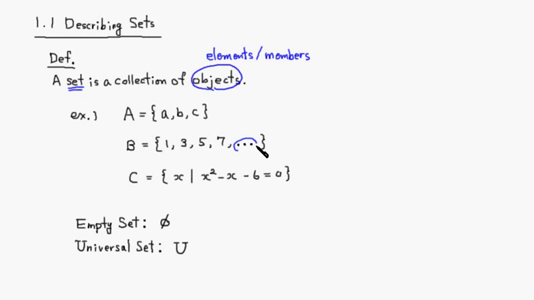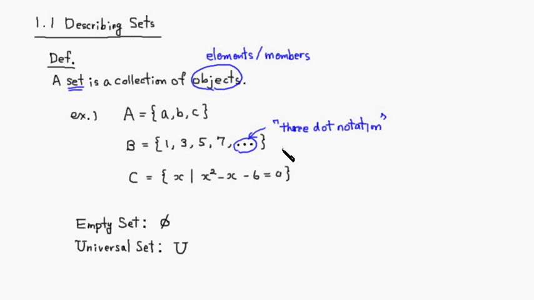So if you want a set of all positive odd integers, you say 1, 3, 5, 7, then you put dot, dot, dot to indicate the same pattern just keeps on going, so that everyone knows which integer belongs to this set.